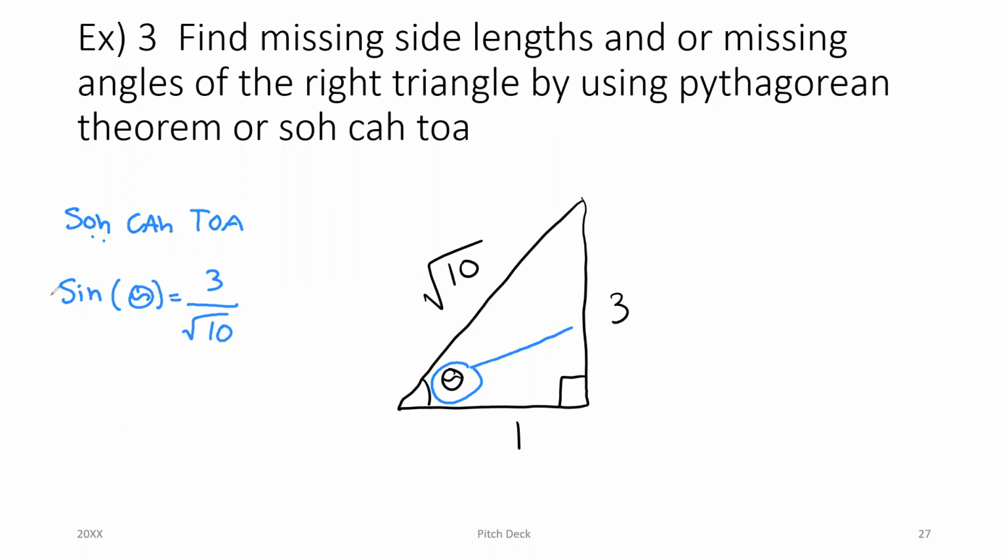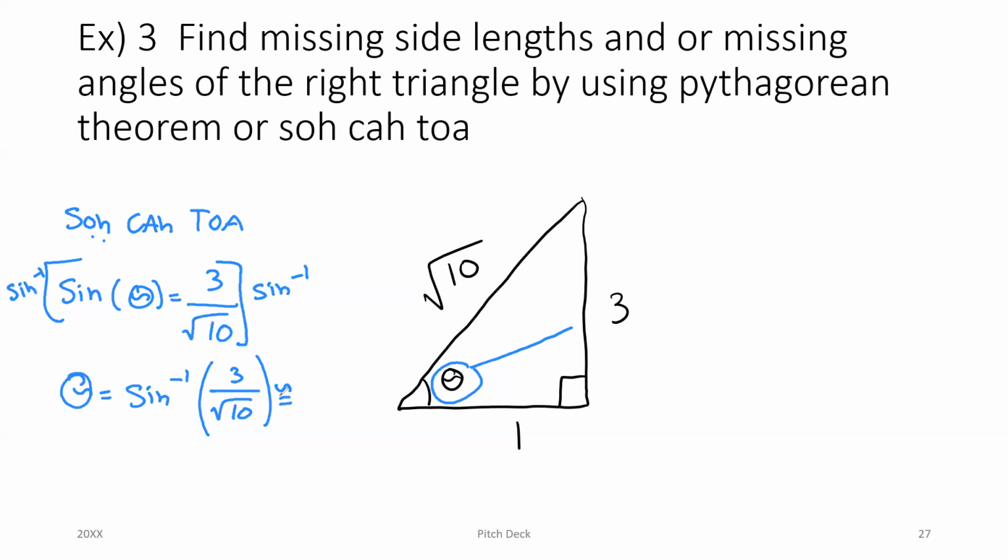So next, what I would do is take the sin inverse because we want to get rid of the sin, right? So this cancels. You're left with the angle, and then you're left with sin inverse of 3 over radical 10.